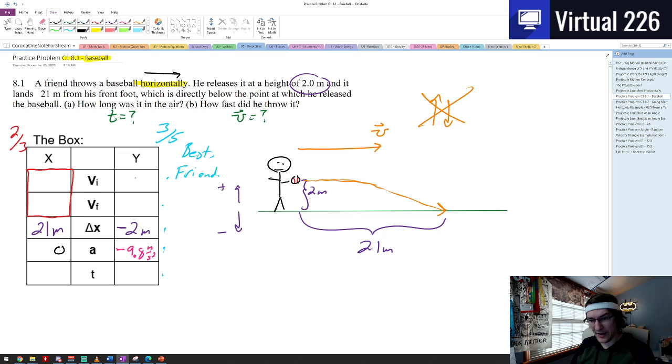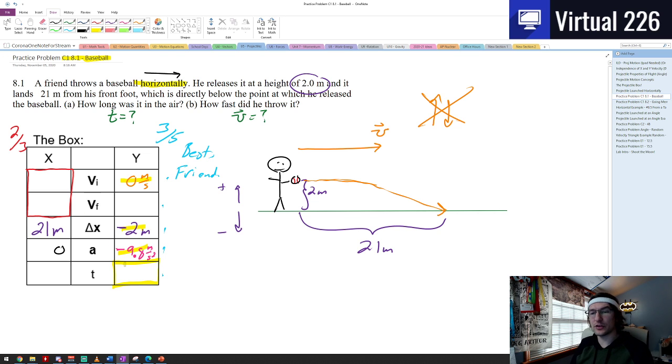So our initial y velocity is 0 meters per second. Well, this is great. We've got 1, 2, 3 things on this side. Now, if we wanted to, we could find the final velocity in the y direction, or we can find the time. And it just so happens that time is something we are actually looking for.